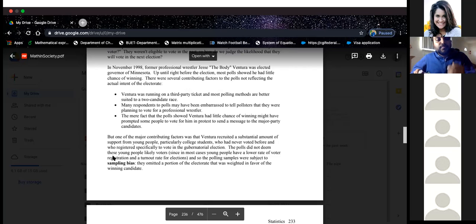We say the polling samples were subject to sampling bias because they omitted a portion of the electorate that was weighted in favor of the winning candidate. Does it make sense? Just try to use the definition and see what it's trying to convey to you.